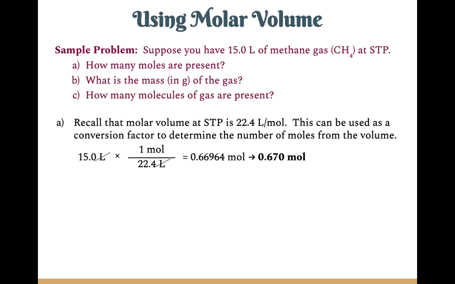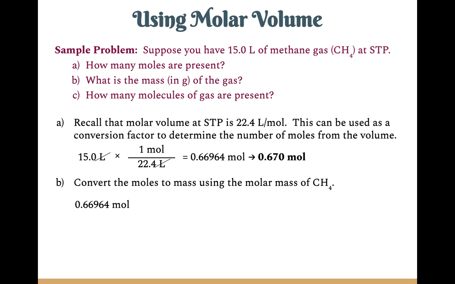And so this would apply to any gas, remember. So it says there's methane, but in terms of moles, if you had 15 liters of any gas, there would be 0.670 moles at STP. B asks what's the mass of the gas, and here is when it matters that it's methane, because methane has a specific molar mass.